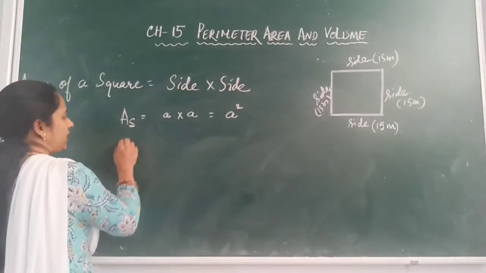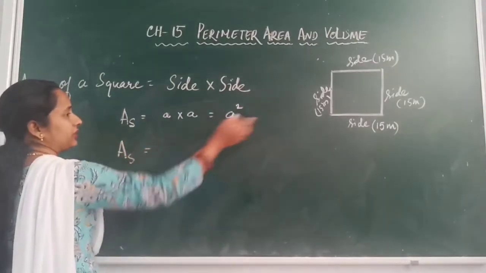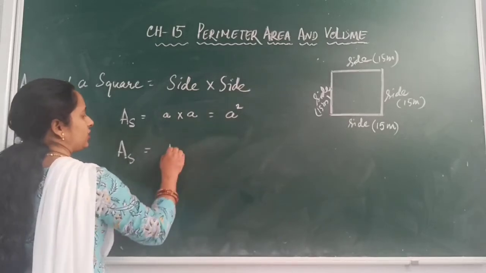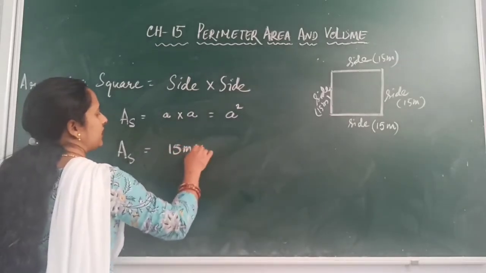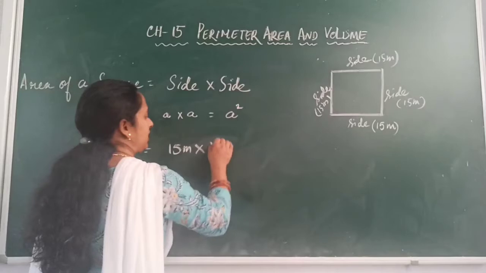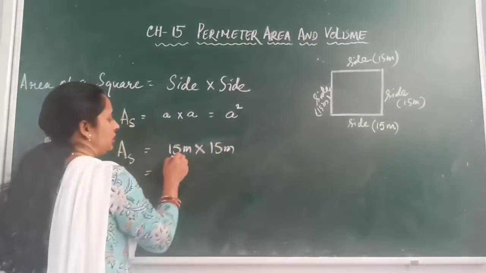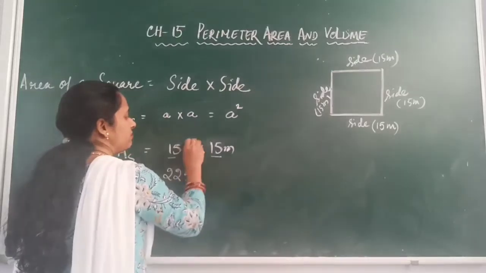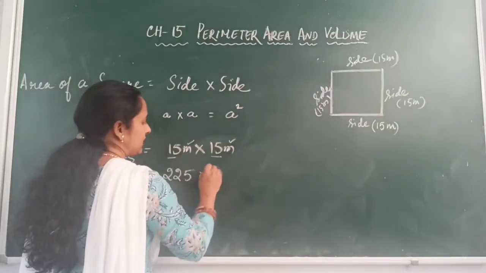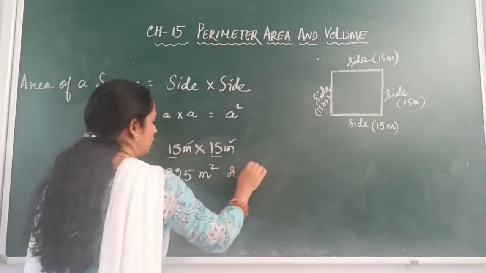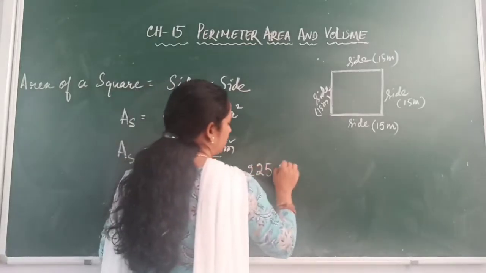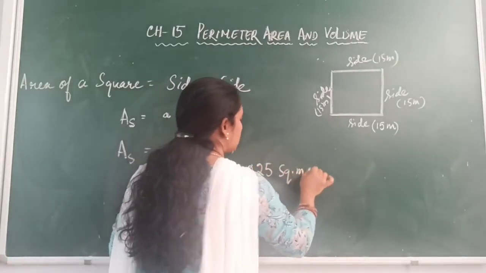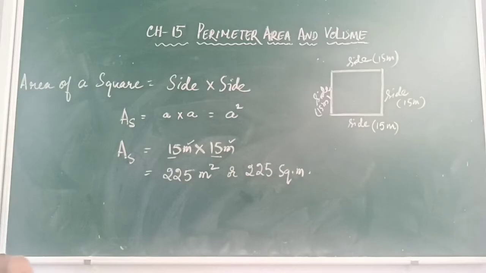Now how will you find the area for this particular square? Here the length of the side is 15 meters and the other side is also 15 meters. So 15 multiplied by 15 is 225 and meter multiplied by meter is meter square, or 225 square meters. Understood? So this is the way how you will find it.